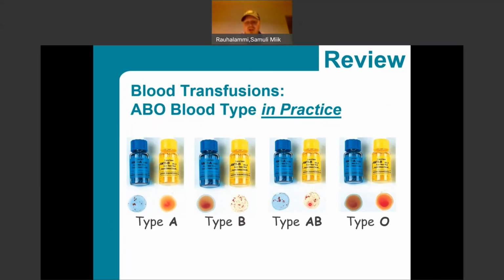So there's agglutination for both. So their red blood cells must carry antigens for both A and B, so they're going to be blood type AB. And finally, an individual who, when you mix their blood with anti-A serum, there's nothing that happens. You mix their blood with anti-B serum, there's nothing that happens. So therefore, there's no antigens on the surface of their red blood cells, and they will be blood type O.